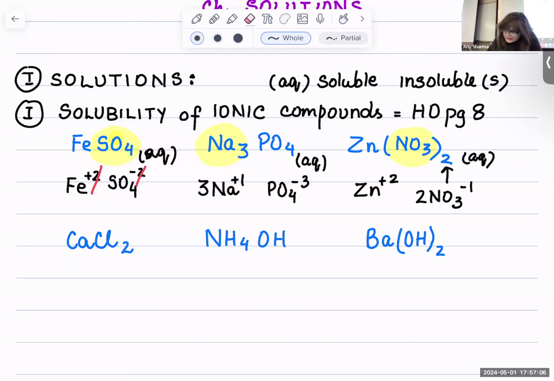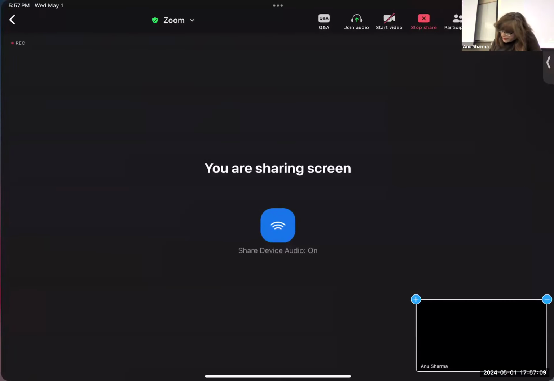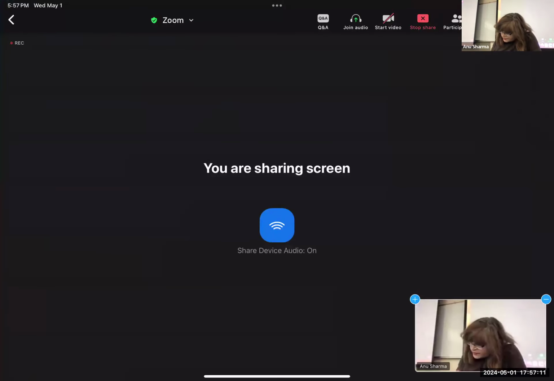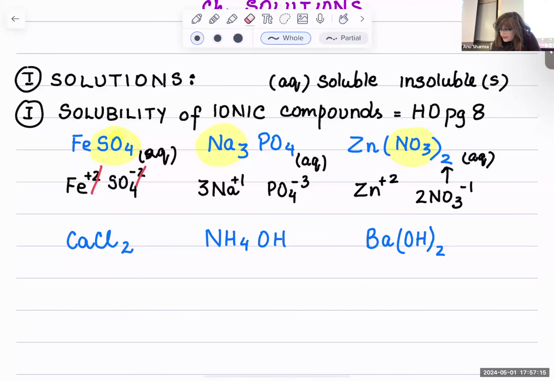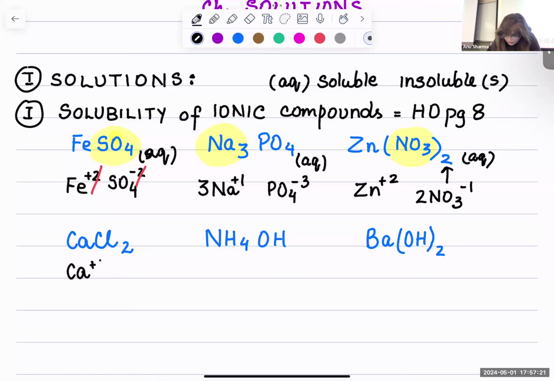So that means this is going to be soluble in water. So here, what do you get then? Ca +2 and 2 Cl -1. So these are soluble in water. That means this is also aq. What about NH4OH?